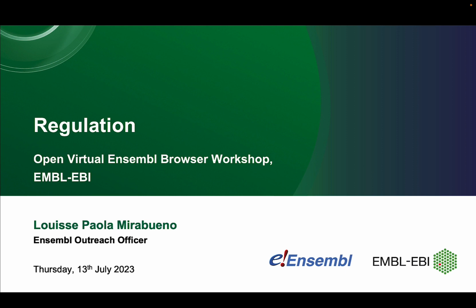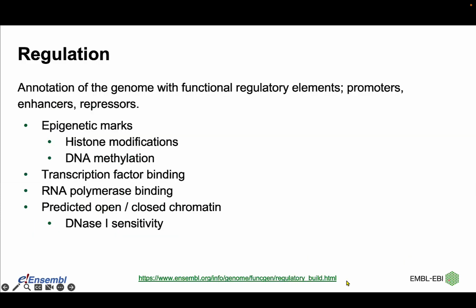So next, I want to talk about regulation data in Ensembl. In Ensembl, we have a number of genomes that we've annotated with regulatory elements or features that control gene expression. So, for example, promoters, enhancers, and repressors.